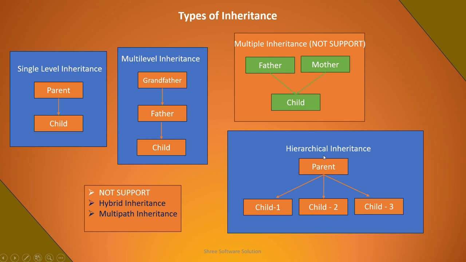For hierarchical, we can use an abstract class or an interface. I will do both, abstract class and interface. We'll see how to achieve this kind of inheritance too. So just note down the tree structure, and let's move on to the practical session.